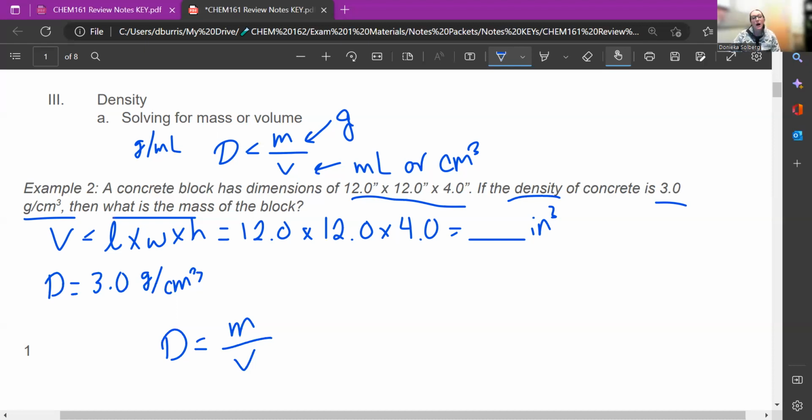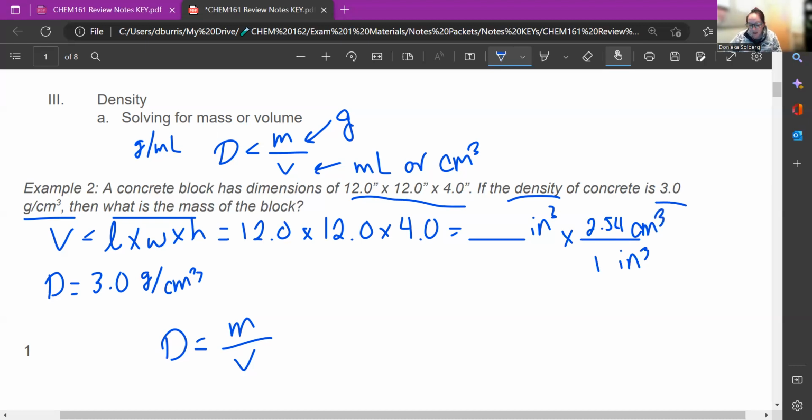All right, so I am going to convert my inches into cubic centimeters because I know that conversion off the top of my head. I would give this to you on an equation sheet so you don't have to have it memorized. Okay, so what I would do is over here my inches, I'm going to multiply it by a conversion factor. I need inches cubed to go away. Well, I know that 1 inch is 2.54 centimeters, but 1 cubic inch is 2.54 cubed cubic centimeters.